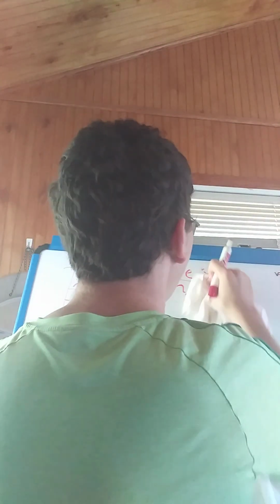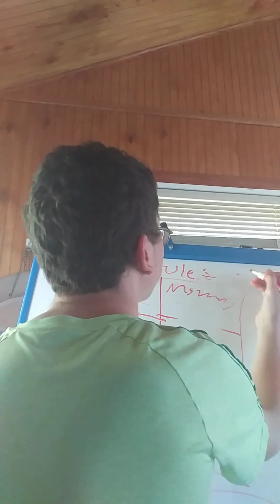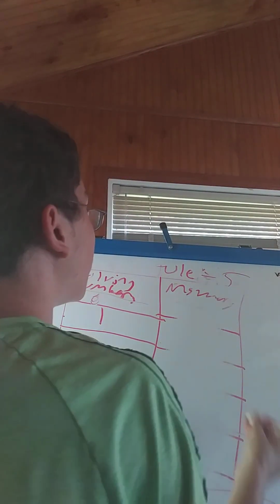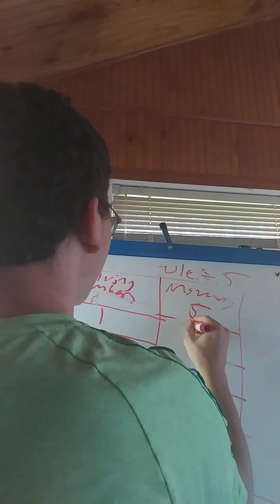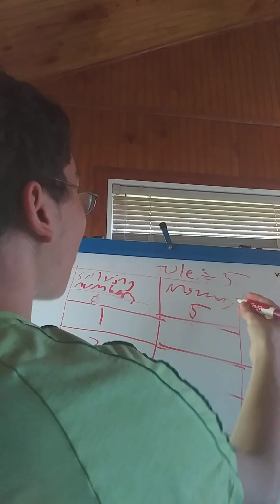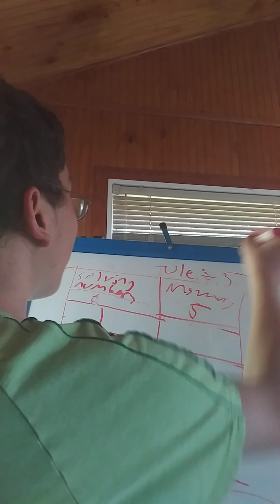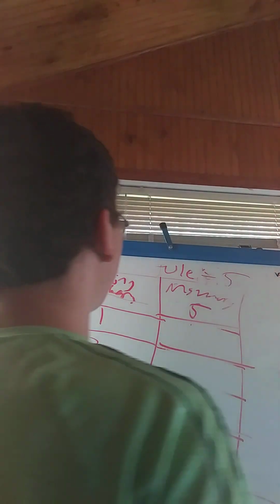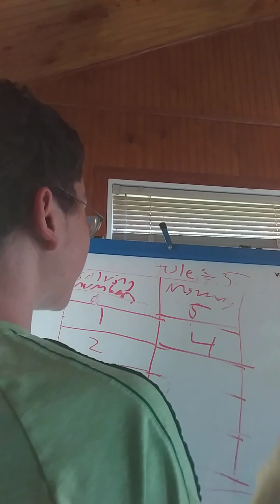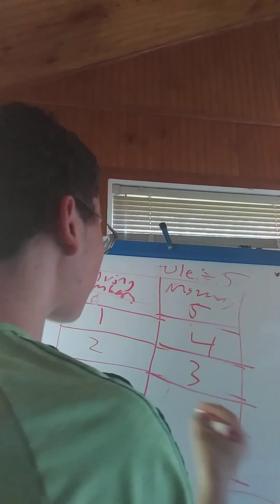Let's do a subtraction one, so minus 5. 0 minus 5, as you know, is 5, okay, and this is where you can see the pattern. 1 minus 5 is 4, and we'll get into integers sometime. 2 minus 5 is 3, and now that you can see the pattern, it's decreasing by 1.